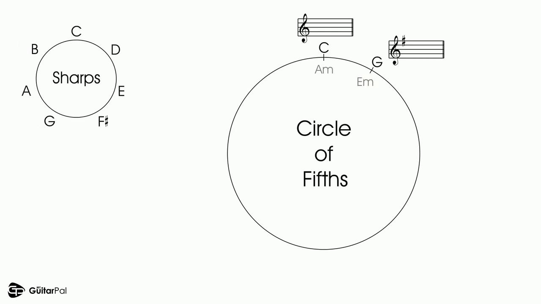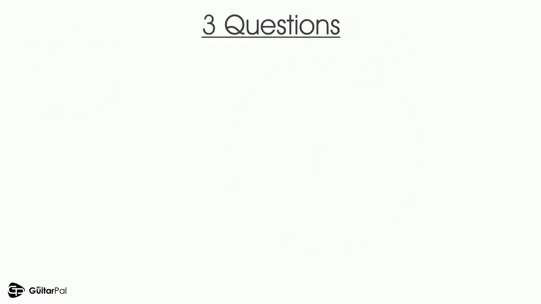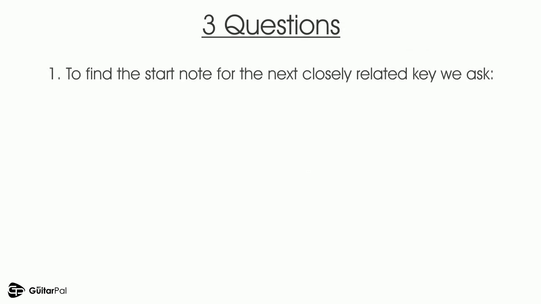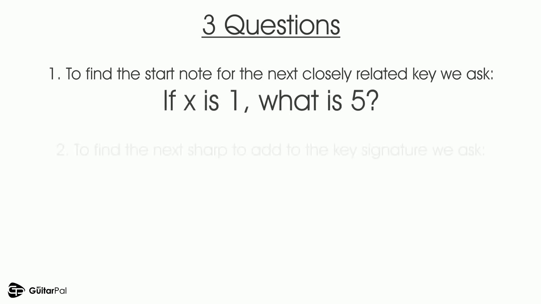So here is the procedure for completing this half of the circle of fifths. Understanding that X is simply the variable, a note that will change as we move through the cycle, there are three logical questions that need to be answered. 1. To find the start note for the next closely related key, we ask, if X is 1, what is 5? 2.